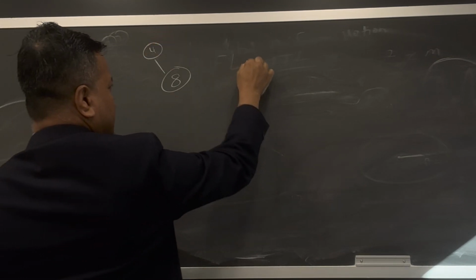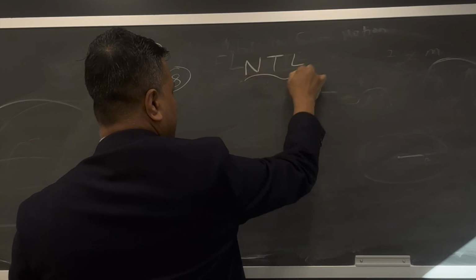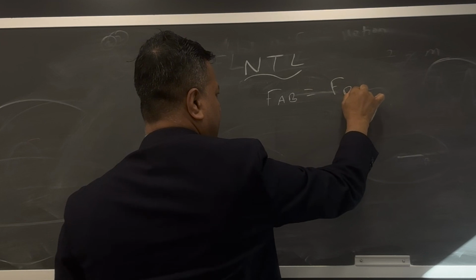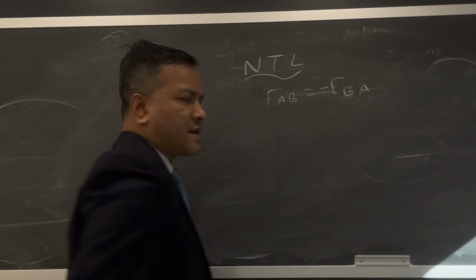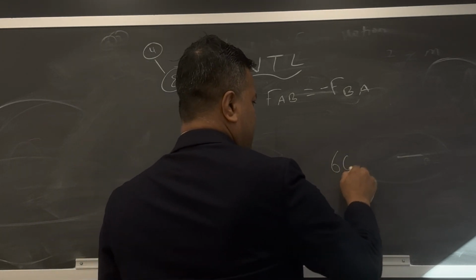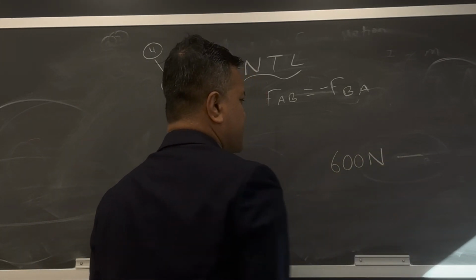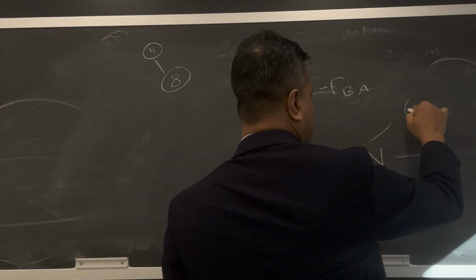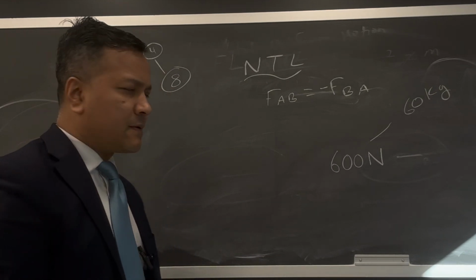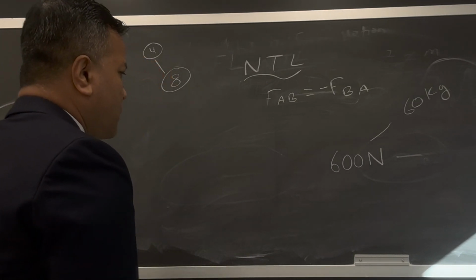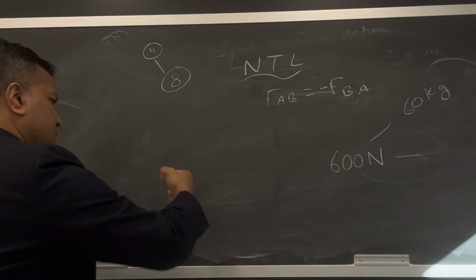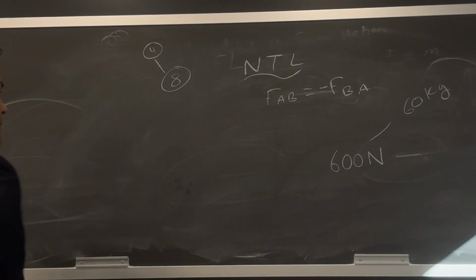Okay, Newton's third law. F_AB is equal to F_BA, but opposite in direction. Let's say a 600 Newton man, which means only 60 kilograms. That's not me, I'm 80 kilograms. He pushes a vertical wall like this one with 100 Newton.